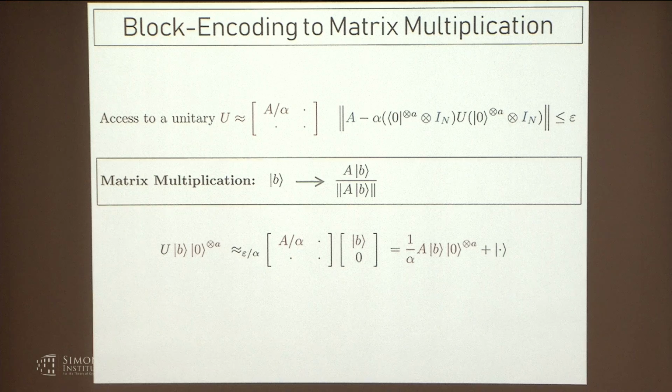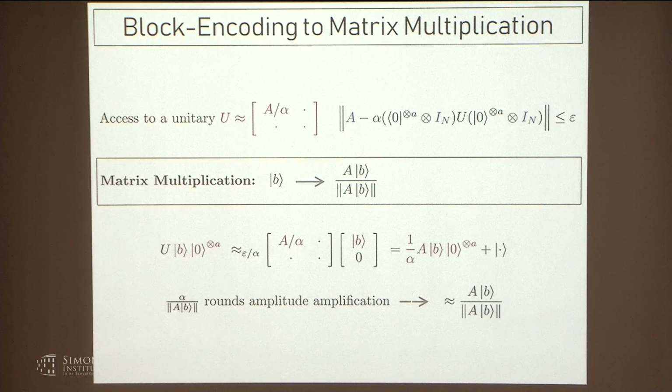And so now using amplitude amplification, you can just amplify this part of the state to get the desired state. And the number of rounds you'll need will be linear in alpha, your scaling factor. Okay, so if you wanted to do matrix multiplication by this matrix A, then this would give you a way of doing it. So this is just a really basic thing that you could do with a block encoding.